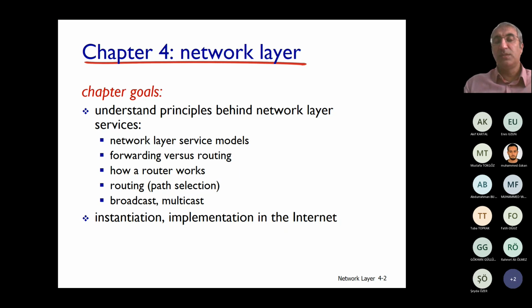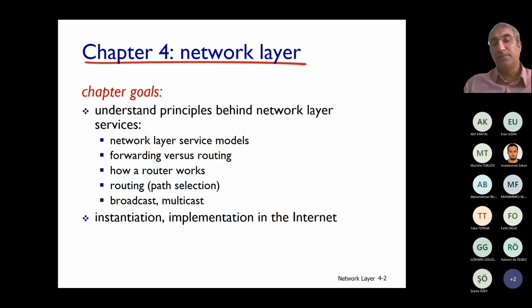We transmit the messages in terms of packets from source to destination. But the question is, there are many different paths that we can use to transmit this packet from source to destination. How do we select the path to deliver this packet to the destination, which is conducted by routing algorithms?